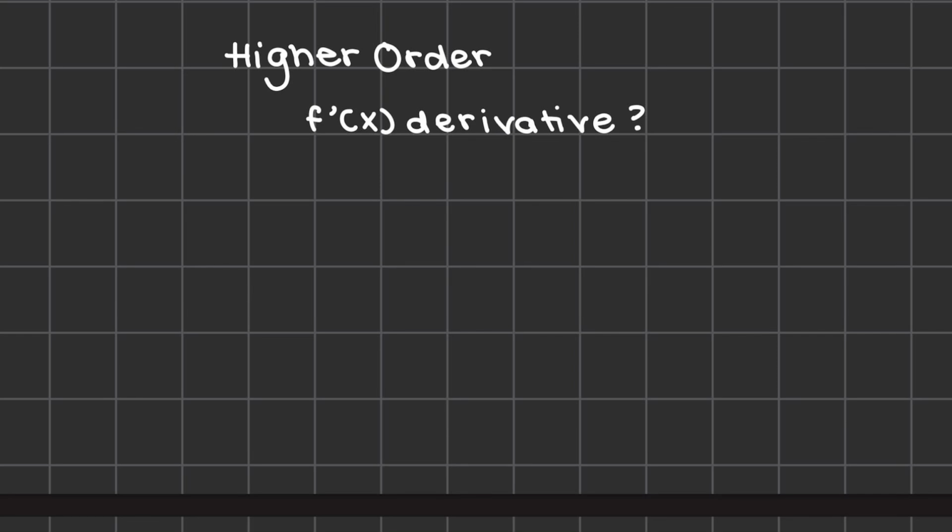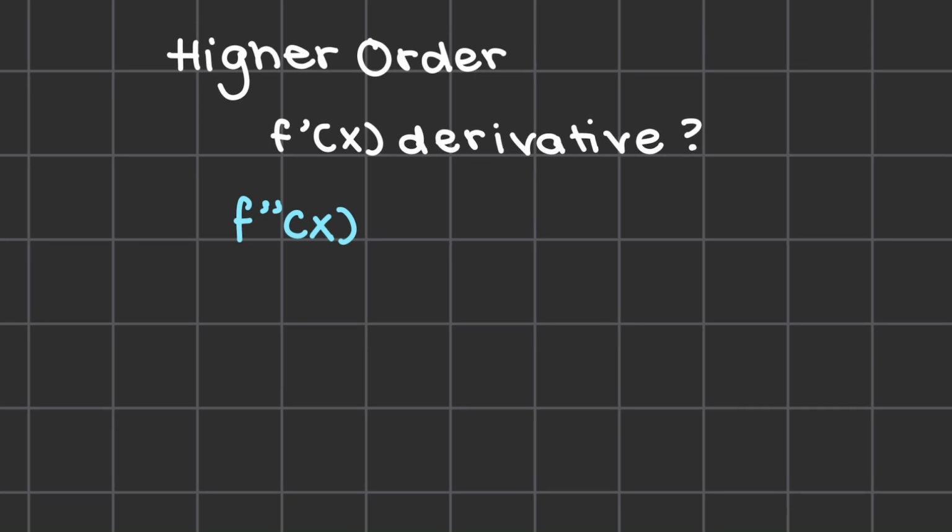In this case, the derivative of f prime of x would simply be another prime: f double prime of x. In the case of d over dx, we do d squared y over dx squared of f of x. And that is how you express higher order derivatives.